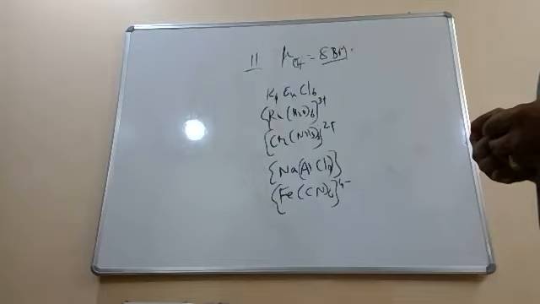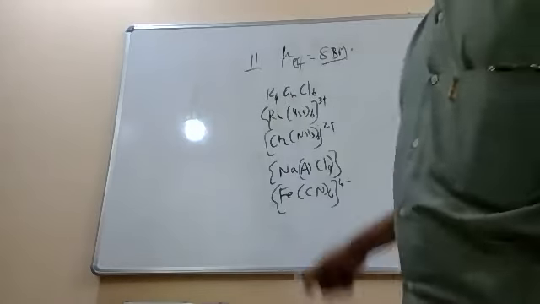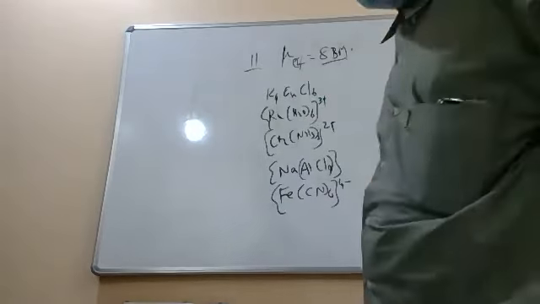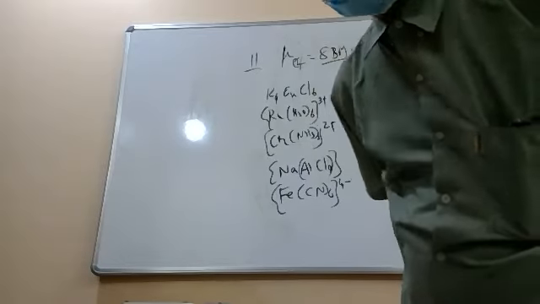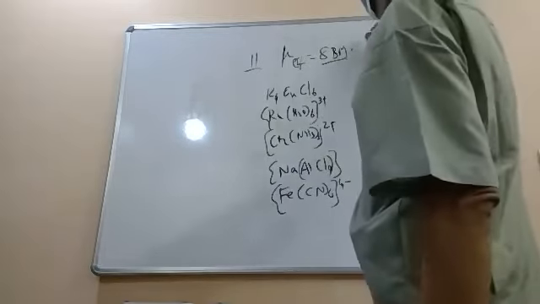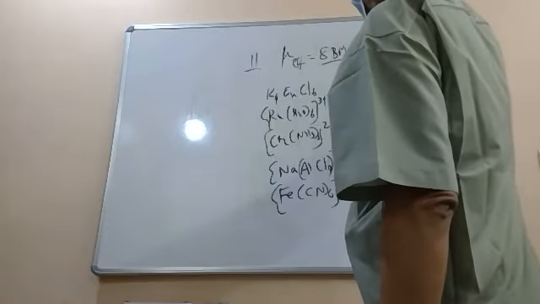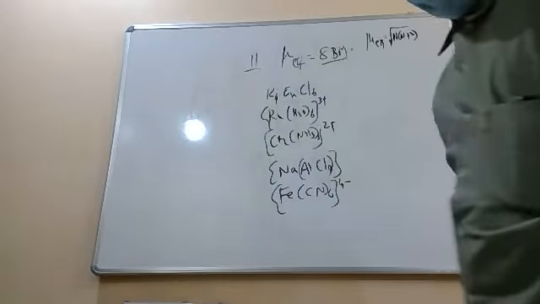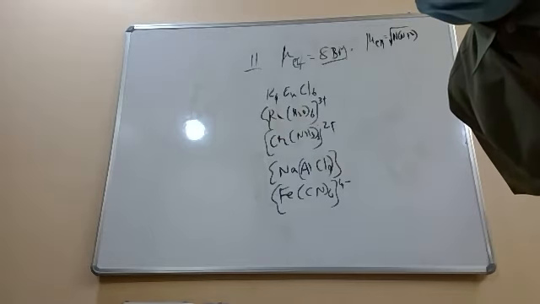Okay, so there are two ways of approaching this problem. One is to find the number of unpaired electrons in each of these complexes and then calculate the effective magnetic moment. Basically, the effective magnetic moment, as you all know, is the square root of n times n plus 2, where n refers to the number of unpaired electrons the system has.